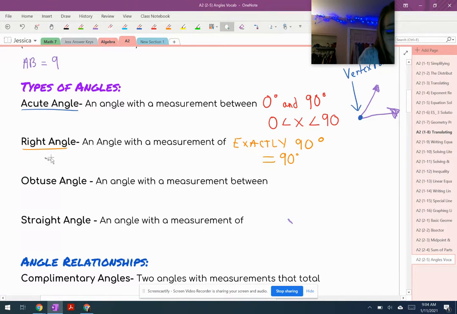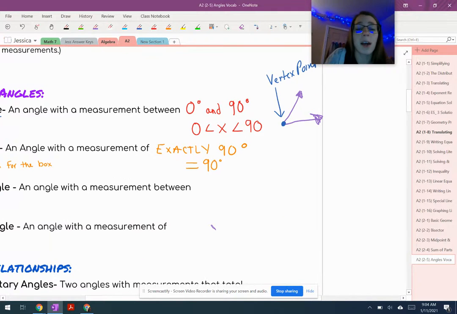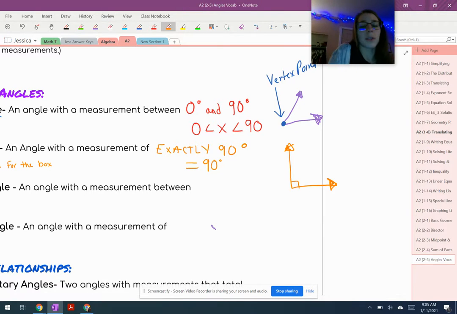This is going to be nice and easy to look for because when you're looking for it, you're going to look for the little box. Look for the box. And what I mean by that is when you have a right angle, and if the picture is a proper picture, then it should have that little box there, unless they tell you that it's 90. So look for that little box when you're looking for pictures there.